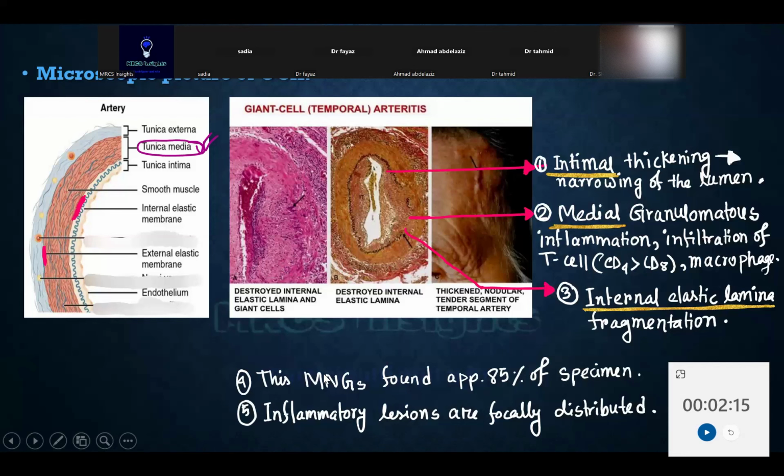These multinucleated giant cells will be found in only approximately 85% of specimens. And the inflammatory lesions are focally distributed. Like here is some inflammation, and there is some normal portion, and again there will be some inflammation. This is the microscopic picture of giant cell arteritis.